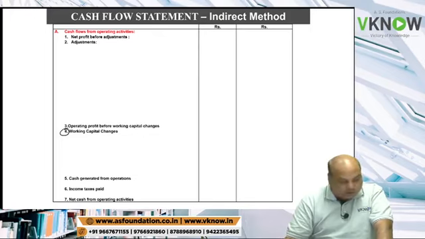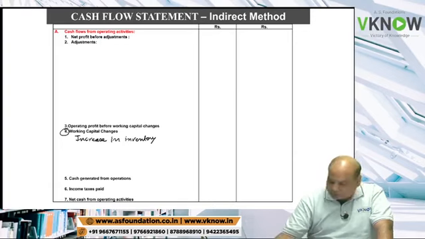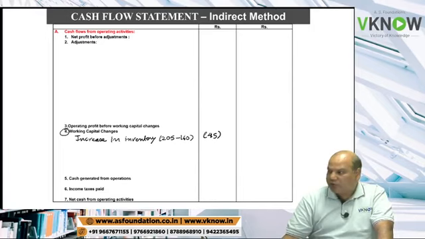So start with inventory. Increase in inventory. Please tell me how much is increase in inventory? 205 minus 160. Increase in inventory is decrease in cash flow.